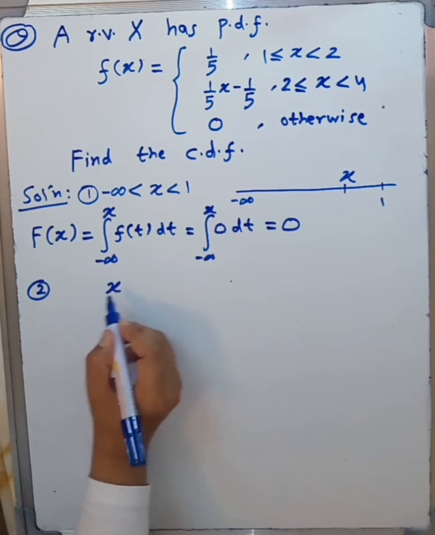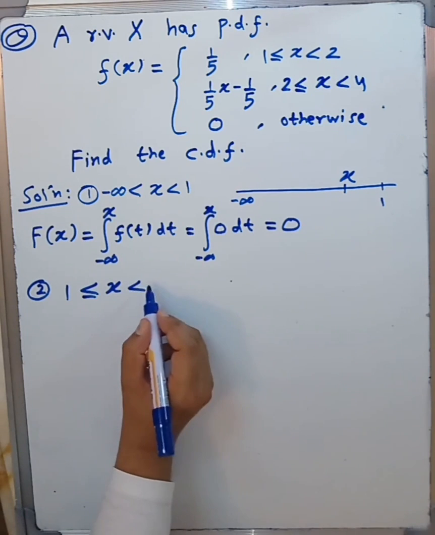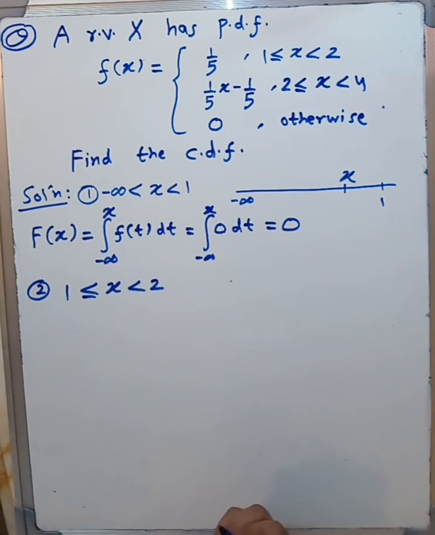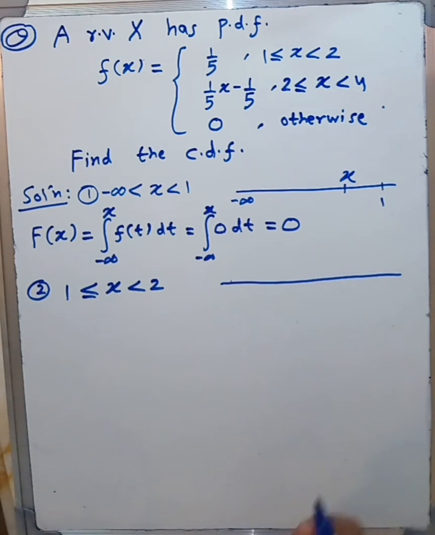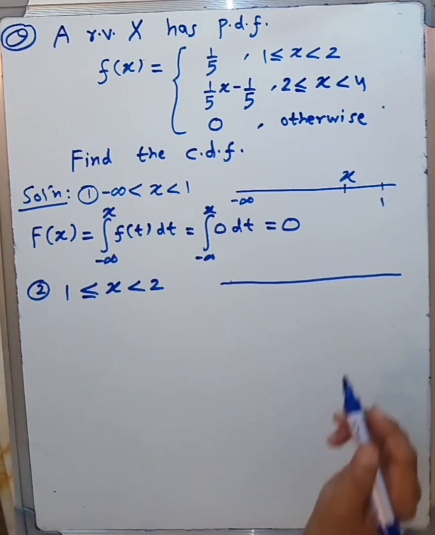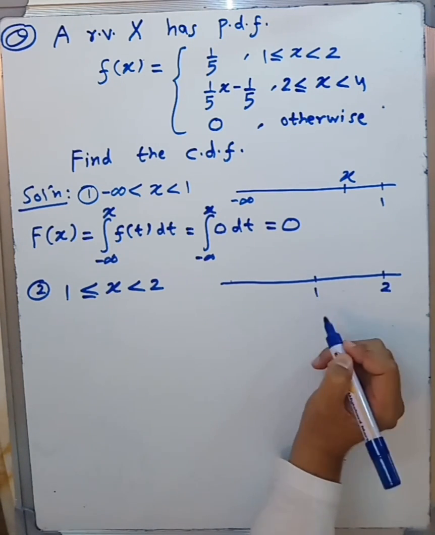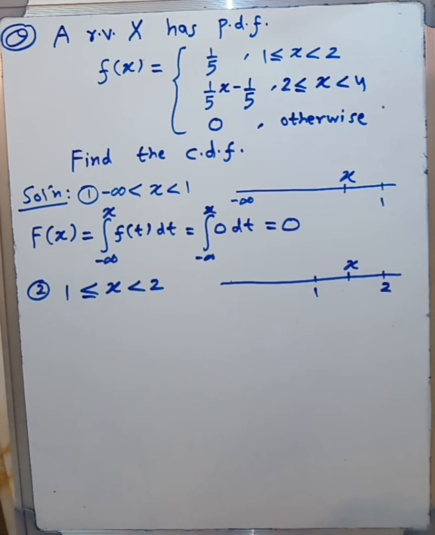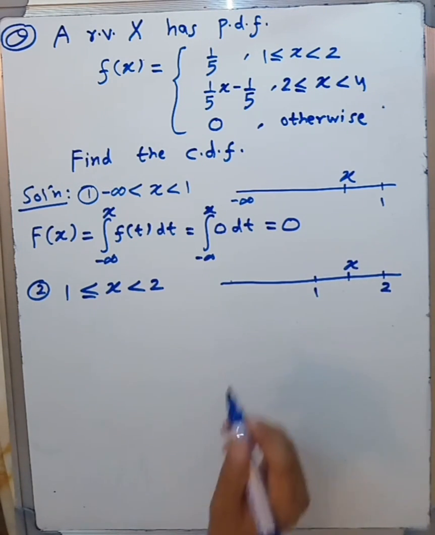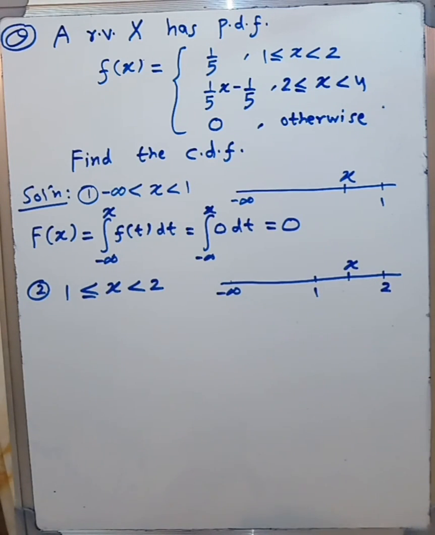What happens when x is between 1 and 2? Again, let's draw the number line to visualize. 1, 2, and x is somewhere in between 1 and 2. And here we have our minus infinity.